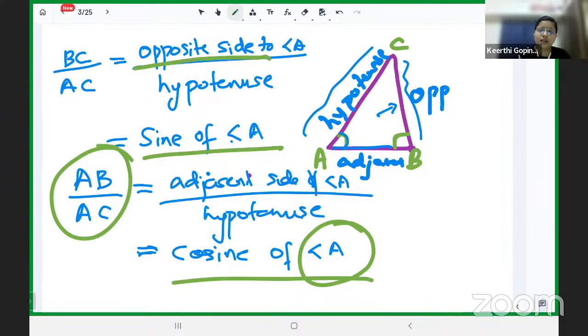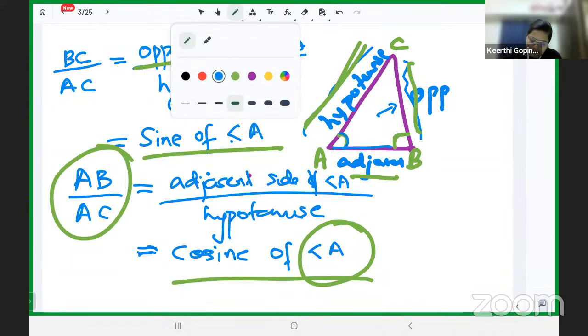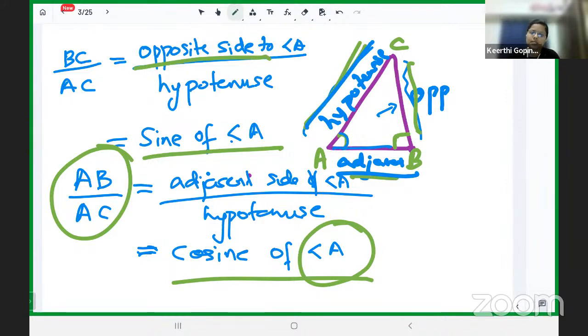Now we are going to define another ratio. First, I took opposite side and hypotenuse. Next I related adjacent side and hypotenuse, which was nothing but cosine of angle A. Now is there any other pair of sides that we have to relate?